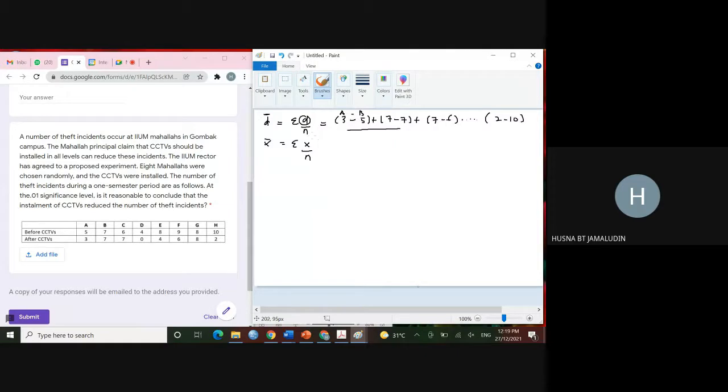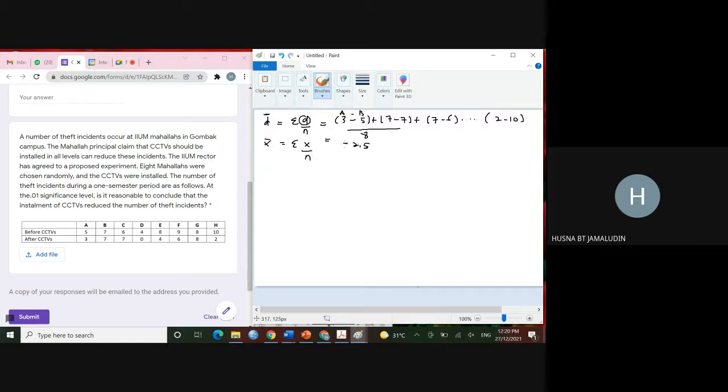How many n's do we have? 1, 2, 3, 4, 5, 6, 7, 8. 8. So given all this working, what is the value that you will get? Negative 2.5. Okay, because after the CCTV, you are expecting fewer theft cases.